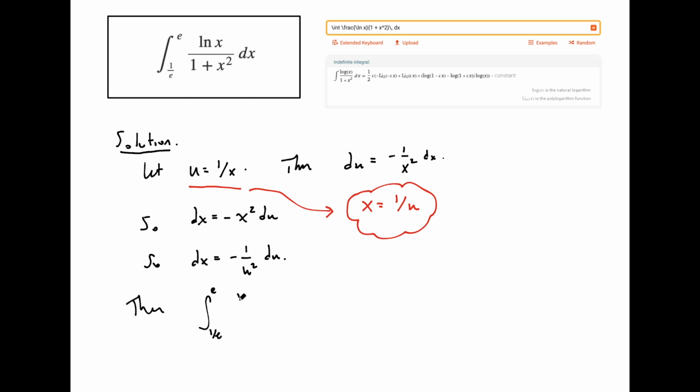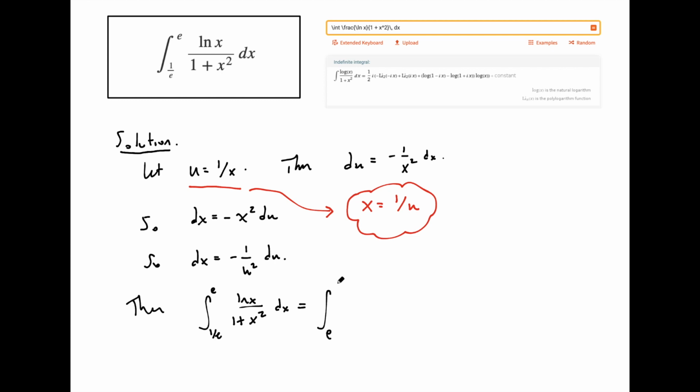So the integral that we're working with, log of x over 1 plus x squared dx, after making this substitution, what happens? Well, first of all, the bounds, like I mentioned earlier: when x is 1 over e, what is u? It's 1 over 1 over e, which is e.